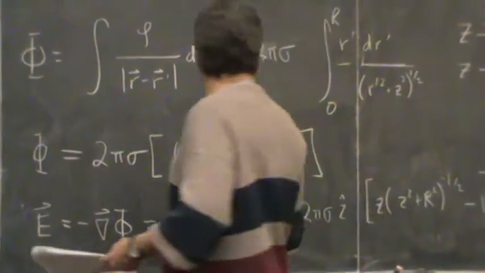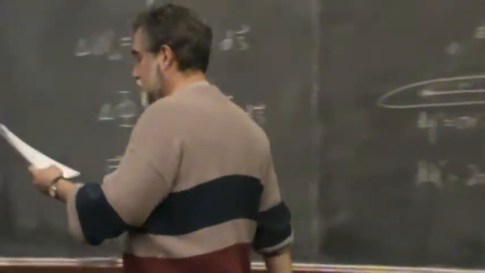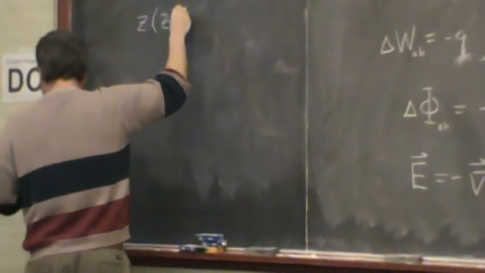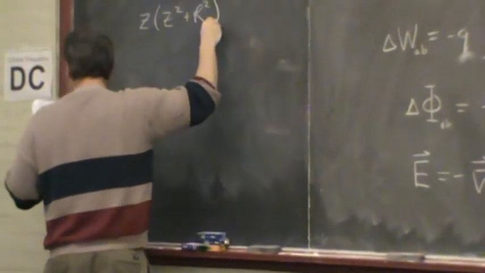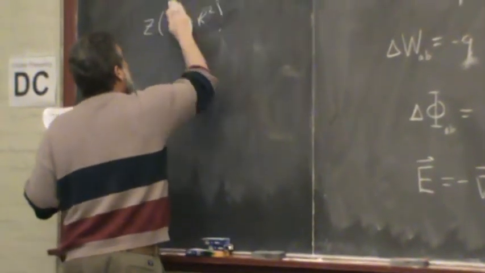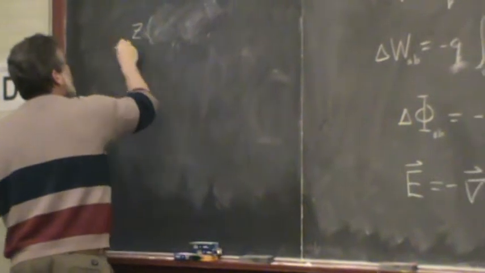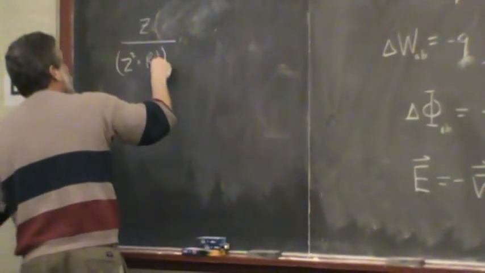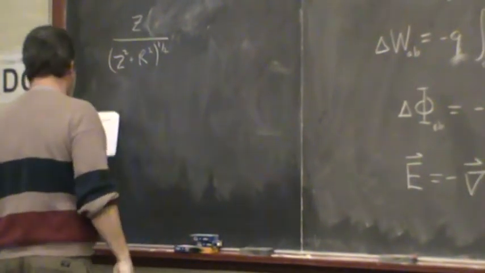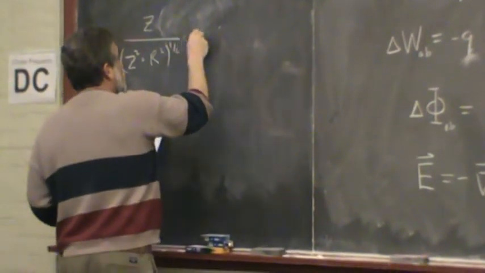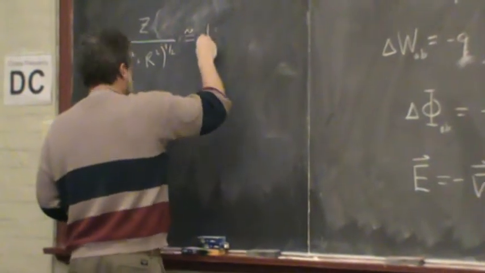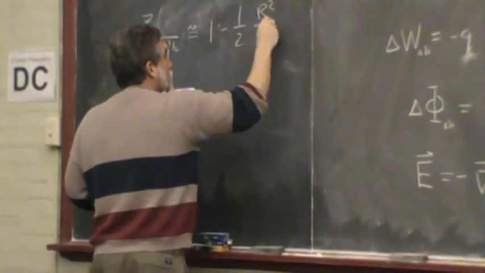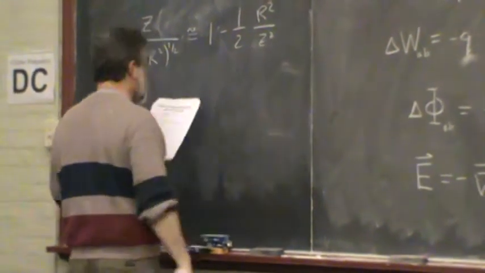So the Taylor expansion: z times z squared plus r squared to the minus 1 half is approximately equal to 1 minus 1 half r squared over z squared.